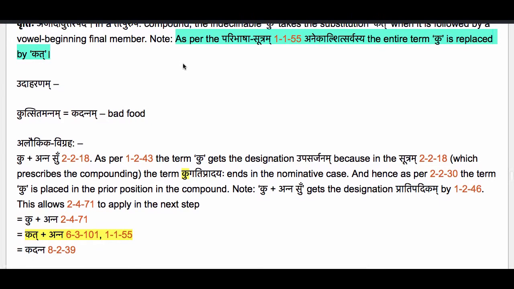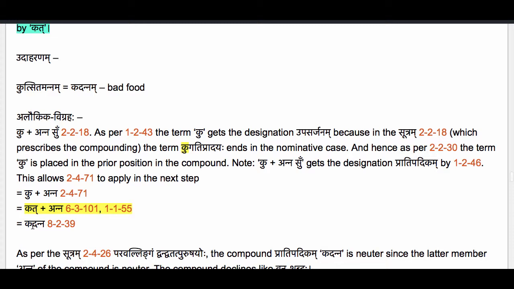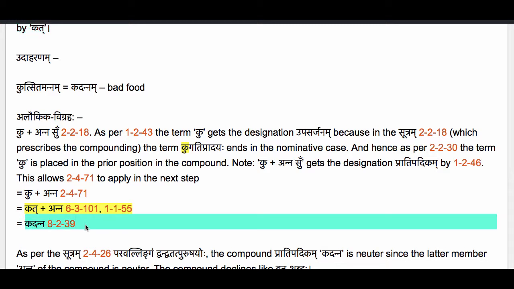Then we apply 8.2.39 Jalam Jashonte to replace the letter ta with the corresponding jash letter, which is da. So we get the form kadanna. Remember that ku is an avyayam. So following the avyayam, the default sup affix su has already taken the luk elision by 2.4.82 avyad ap supaha.